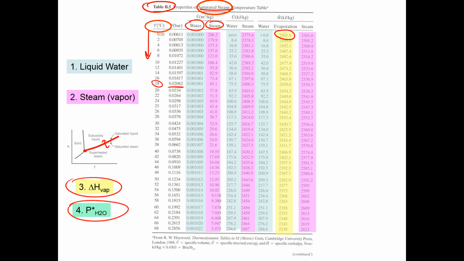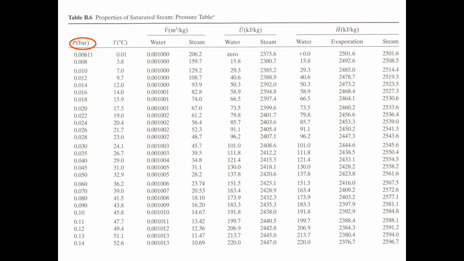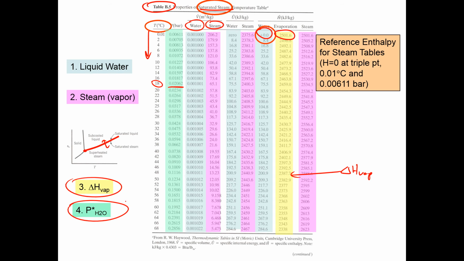And there's the heat of vaporization. There's our reference enthalpy, which as we saw is going to be 0. And this last one is our vapor pressure.